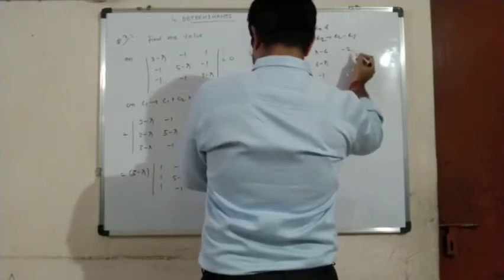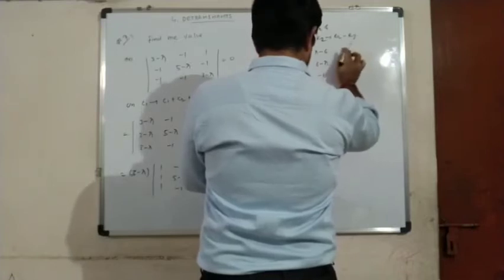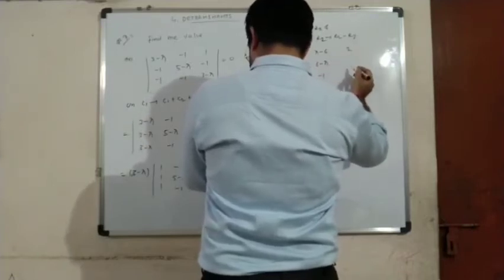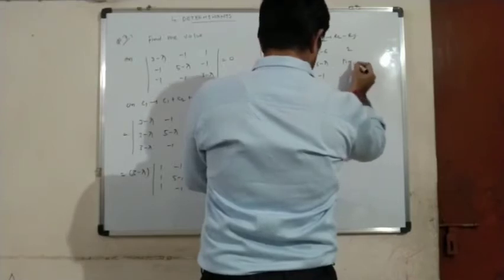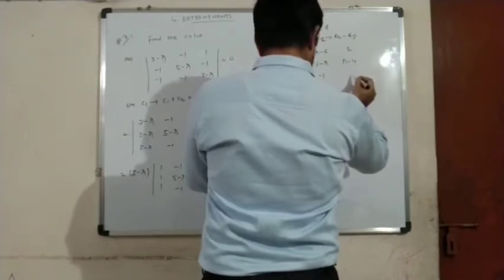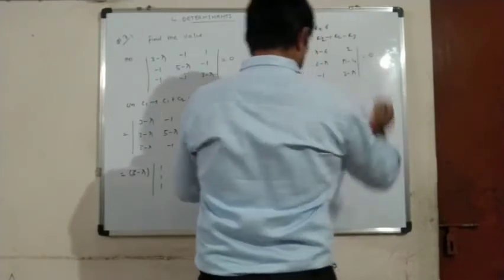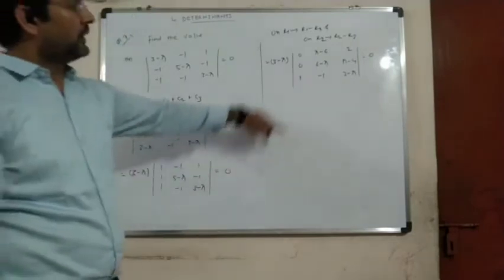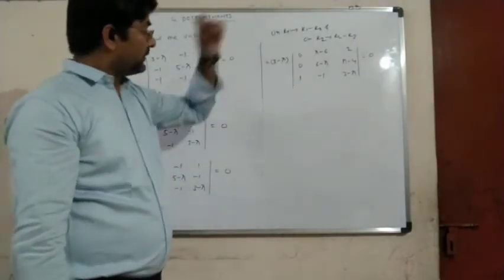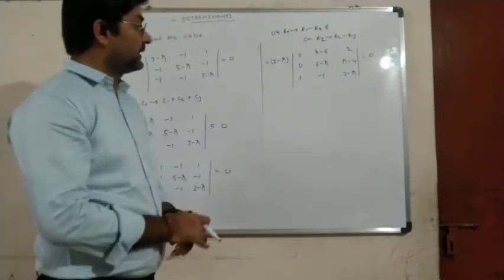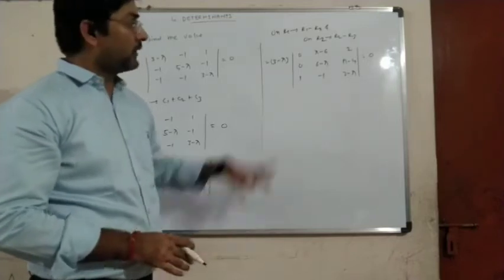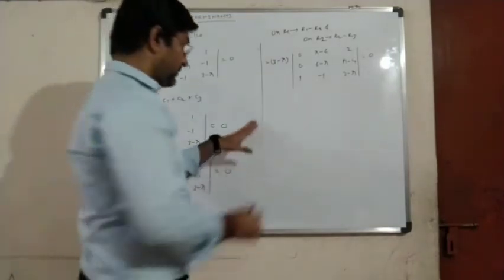Similarly here minus 2. Sorry, it will be plus 2. Then minus 3 minus 1, so lambda minus 4, and 3 minus lambda, which is equal to 0. Okay, done.